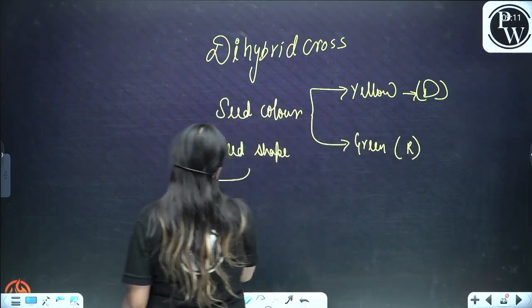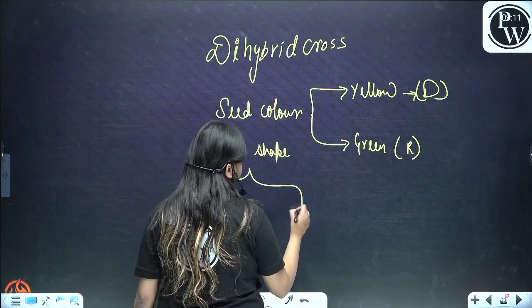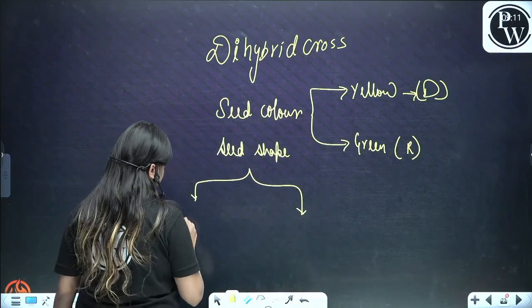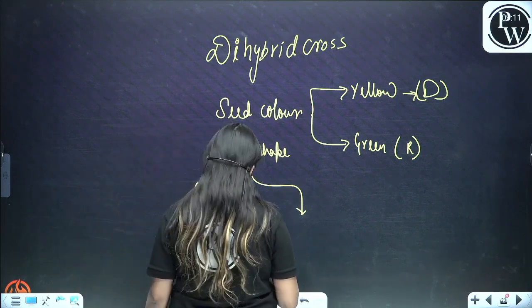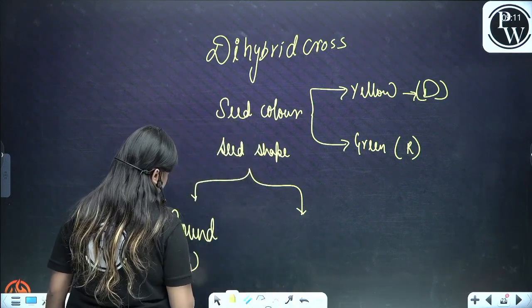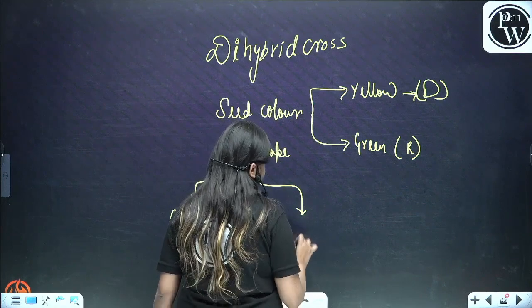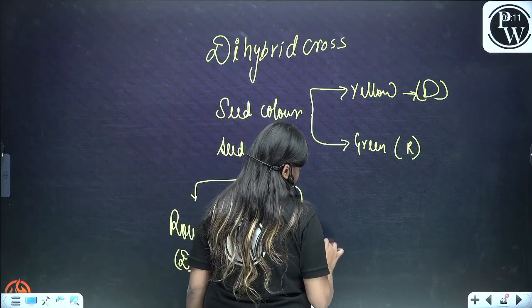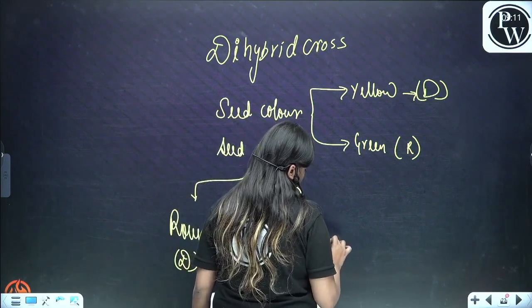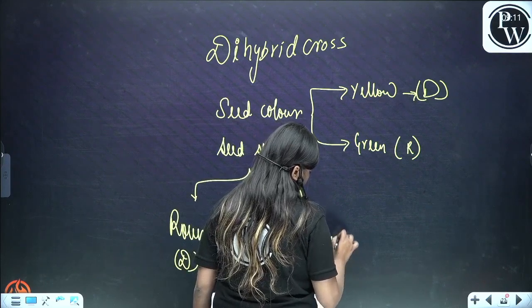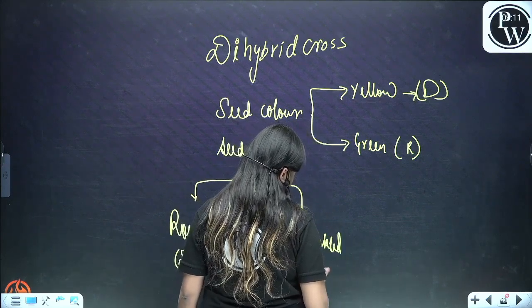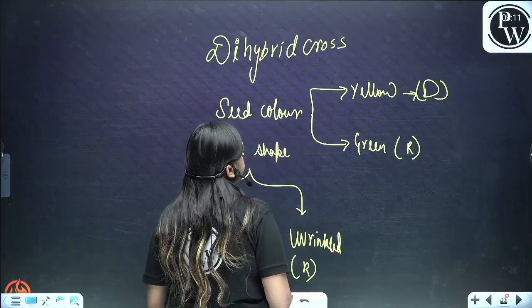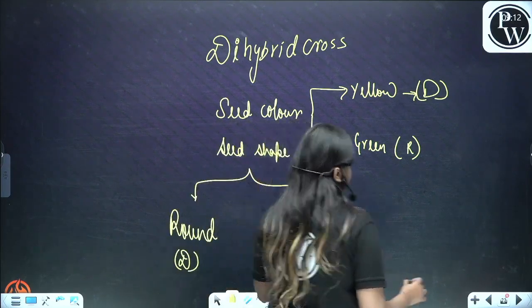Seed shape, that is round is the dominant one and wrinkled is the recessive one.